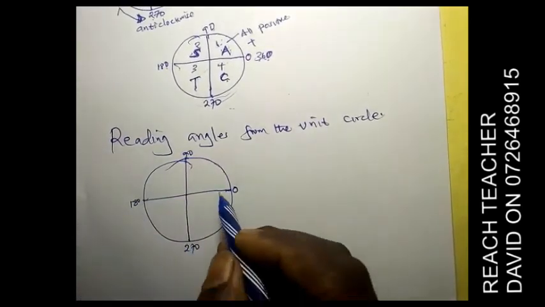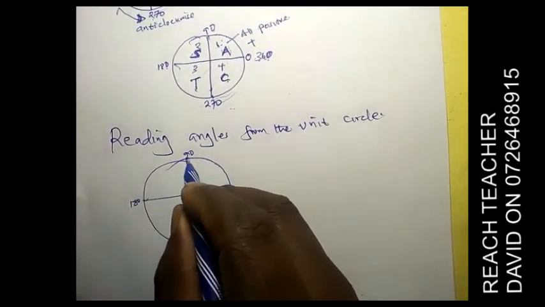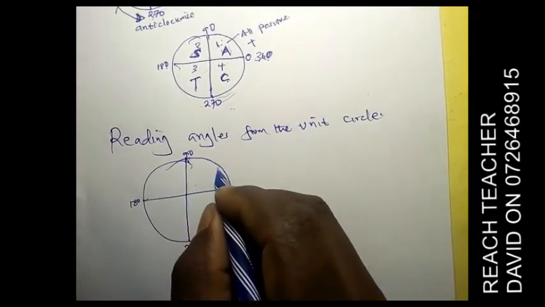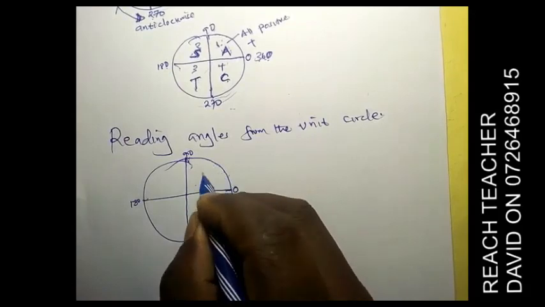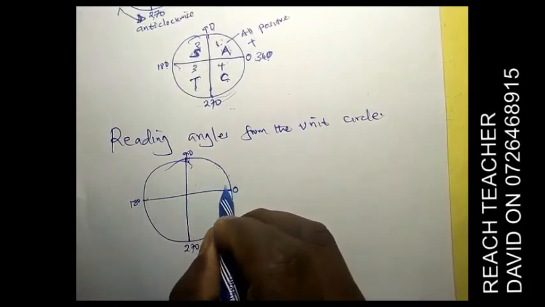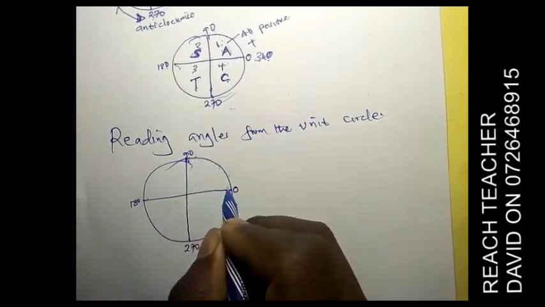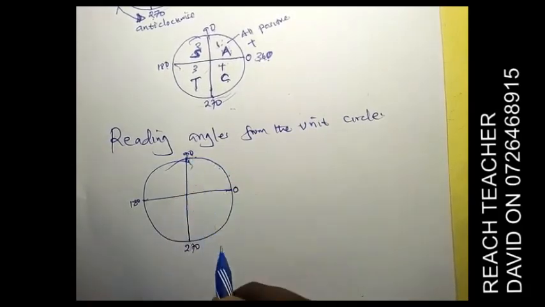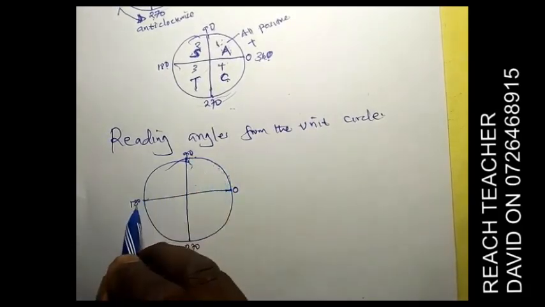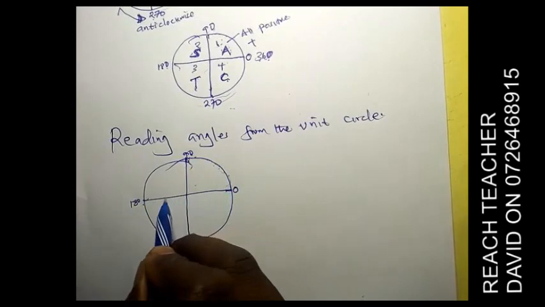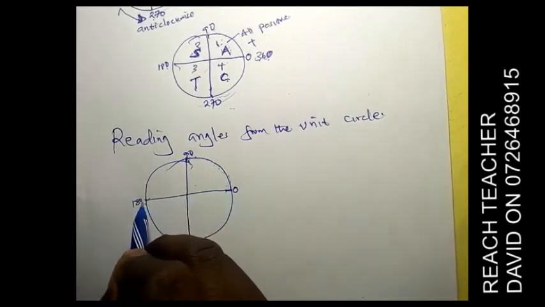270. So all angles that can fit in the first quadrant, they must be 90 or less. So the first quadrant contains only angles that are 90 or less, 0 to 90. Up to the second quadrant, it can only accommodate angles that are less than 180.